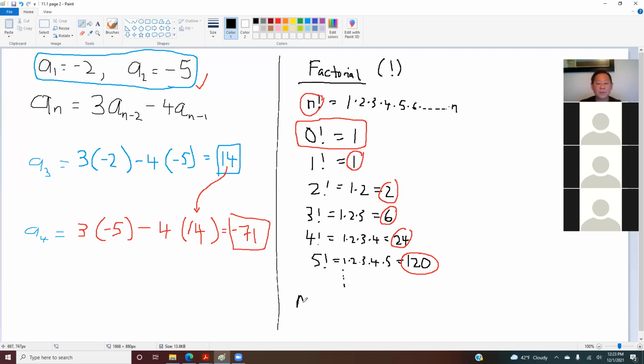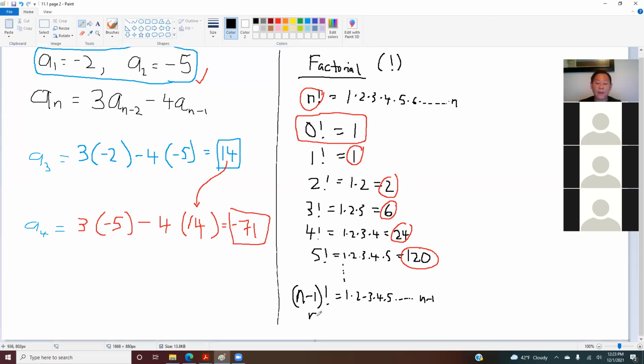But what happens to the n minus 1 factorial? n minus 1 factorial is 1 times 2 times 3 times 4 times 5 all the way to times n minus 1. Now this one we cannot figure out the numbers because the number is n, so it's not like 1, 2, 3, 4, 5 where those are numbers.